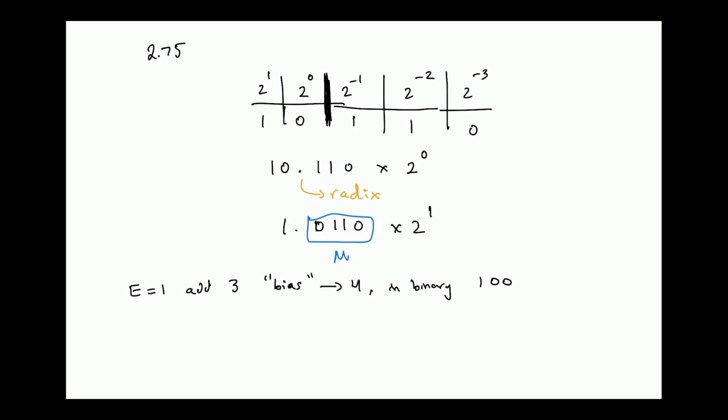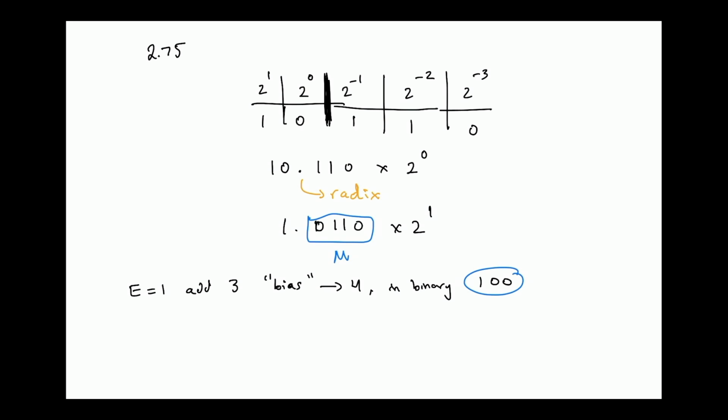Other than the adding 3 kind of coming out of left field, does that make sense? Right? So the fact that I added 3, I got 4, and 4 in binary is 1, 0, 0. Are we okay with that? Okay. Yeah, and I realize the adding 3 part seems completely arbitrary, but there's a good reason for it.